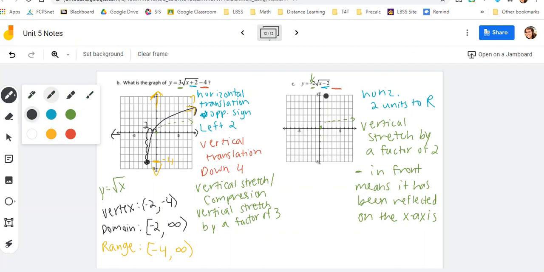So to plot this, I can identify my vertex. So it's gone 2 units to the right and it did not have a vertical change. The negative means it's going to go upside down now, but the stretch is going to make it bigger. So it might look something like that.